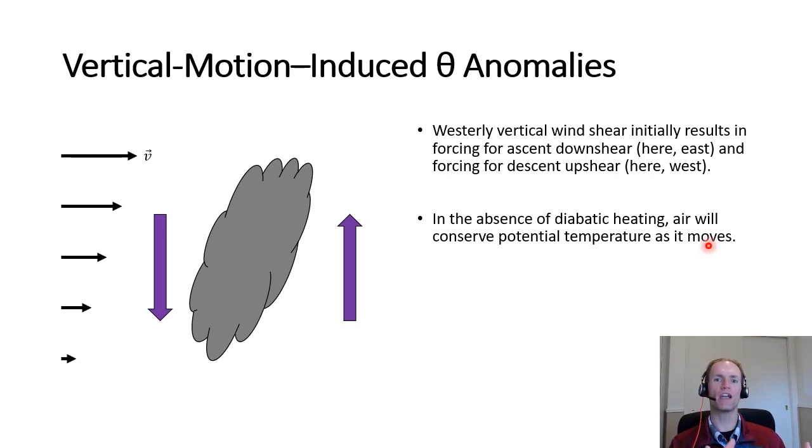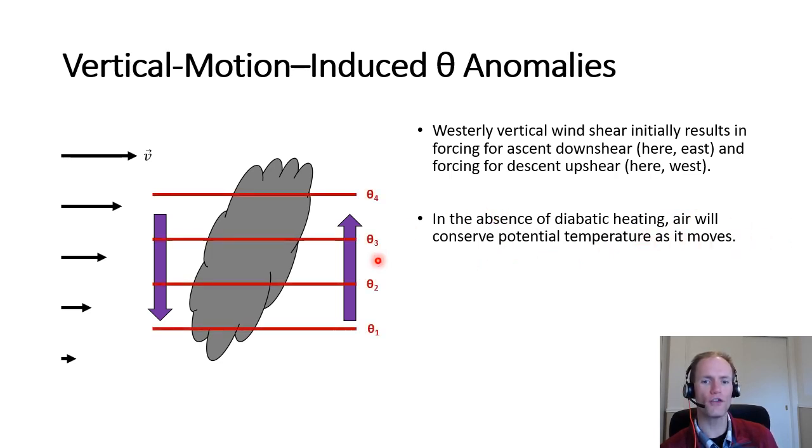So these are adiabatic flows, just like on a SKEW-T, where we go up the dry adiabat or down the dry adiabat. When you do so, potential temperature does not change, because potential temperature is defined by that dry adiabat. So in the absence of those diabatic heating processes, air will conserve potential temperature as it moves.